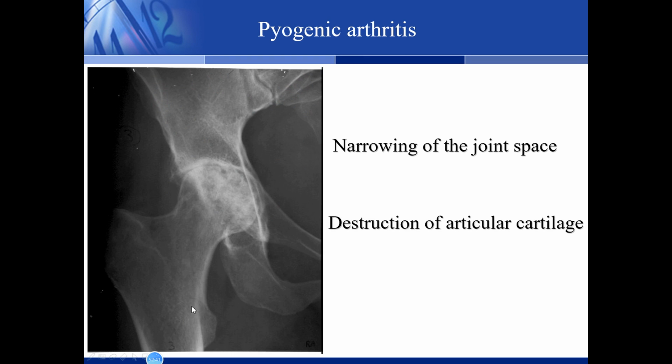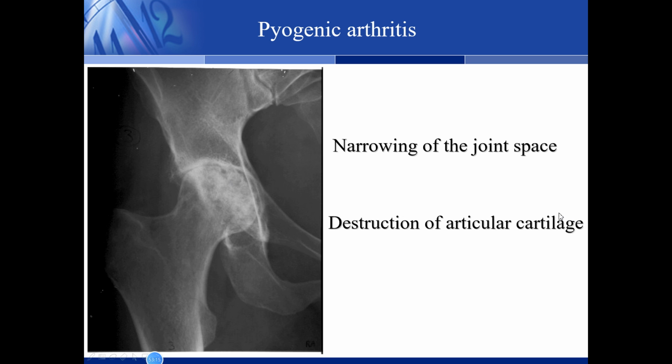Here is another case, and the lesion is in the right hip joint. We could find in the films the joint space is narrow, and we could see in the head of the femur there are bone destruction lesions. So this is the destruction of the articular cartilage.